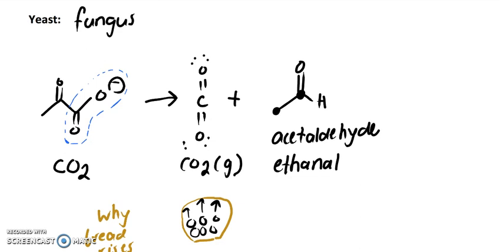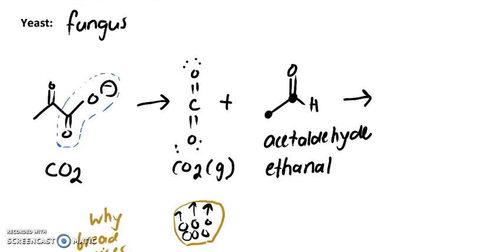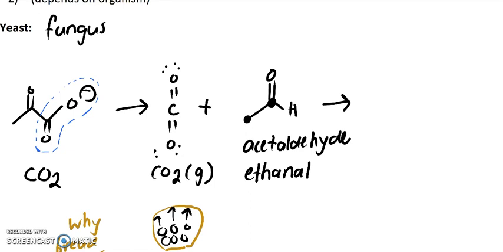So what happens to this structure is it is going to get reduced. This is a type of reaction where it is going to gain electrons, and thus it's going to gain electrons and hydrogen.